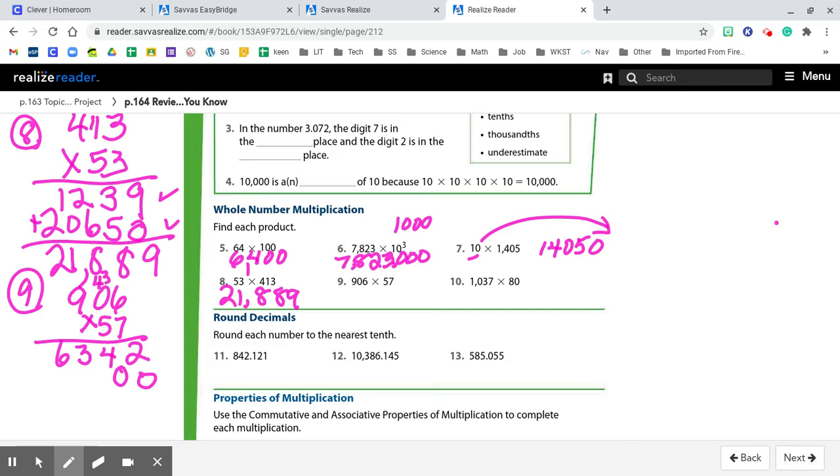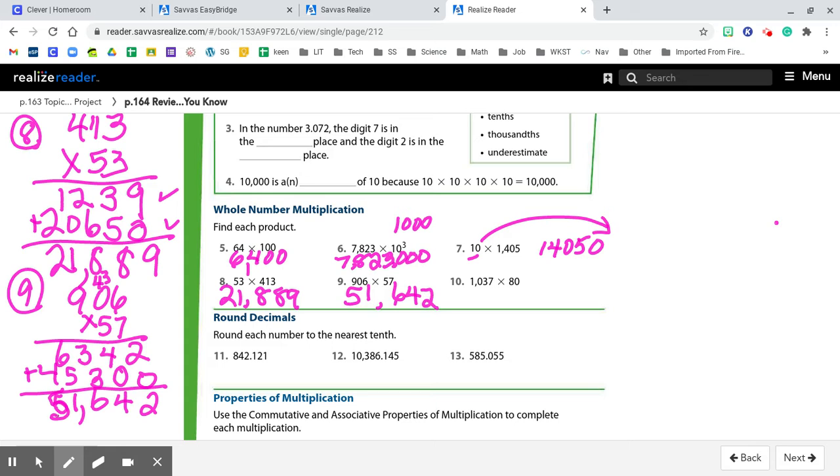Carry the 3. 5 times 0 is 0 plus 3. 5 times 9 is 45. We're going to add those partial products together. And we get 51,642. Remember, that's a 5, by the way.